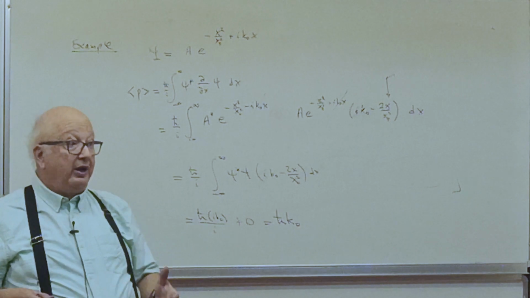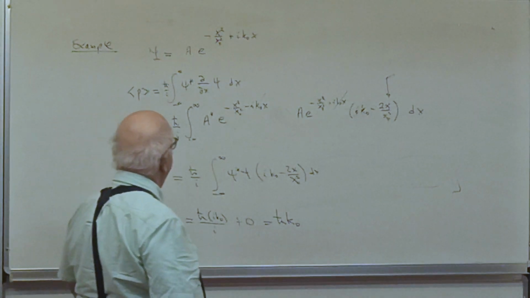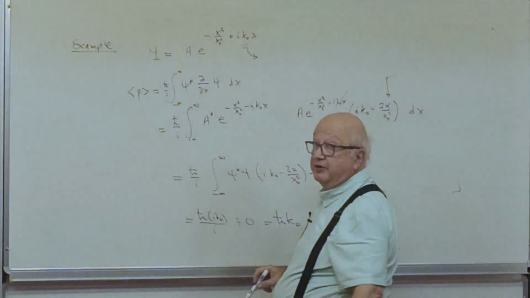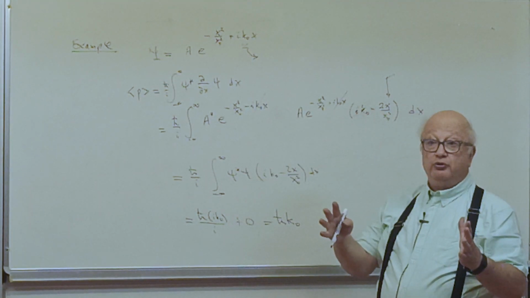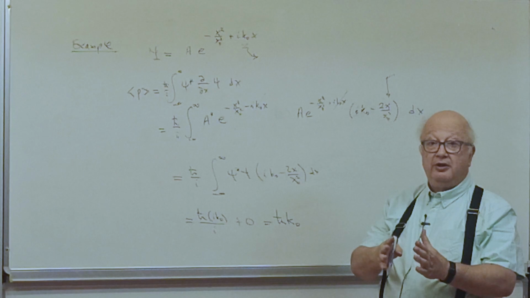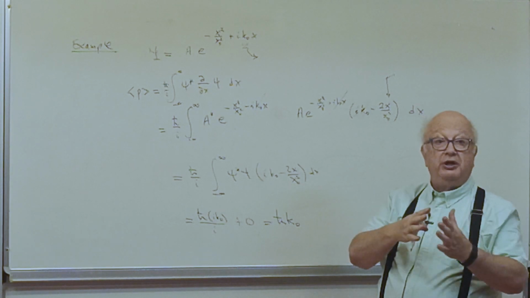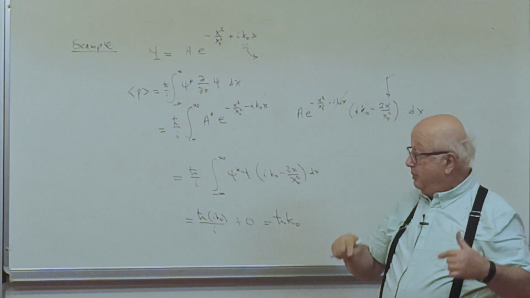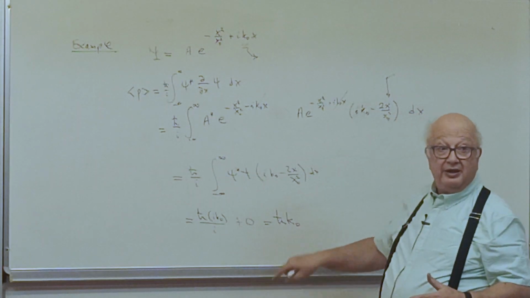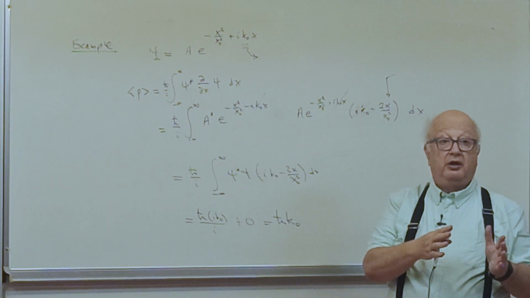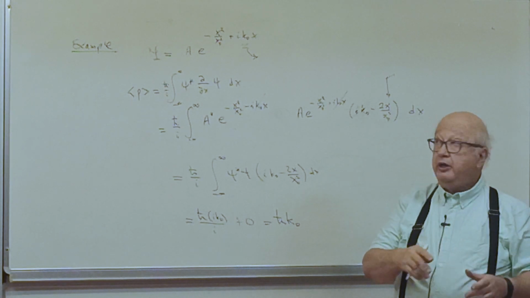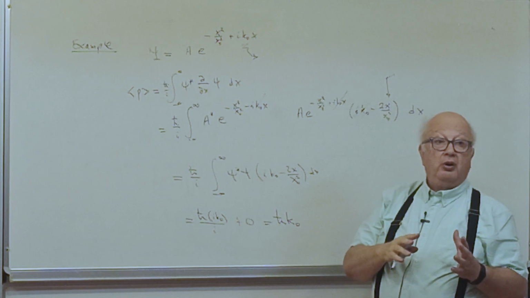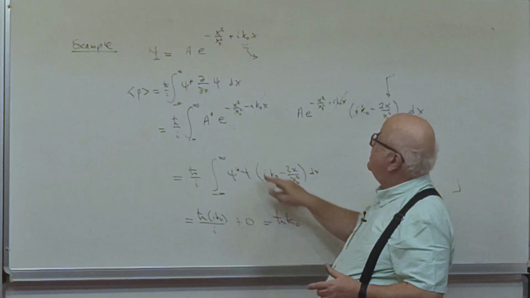That's the first time that we see k0 coming out in an average. It didn't influence where the particle was, or the uncertainty in the position of the particle, but apparently it is involved in momentum. So this particle has an average momentum of h bar times k0.